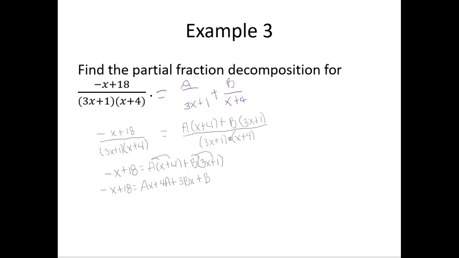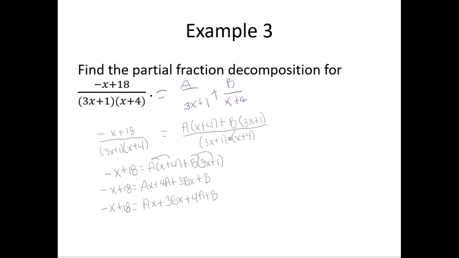All right, and now I'm going to rearrange the terms over here so that the x terms are together and then the constant terms are together. So we're going to have negative x plus 18 is equal to ax plus 3bx plus 4a plus b.